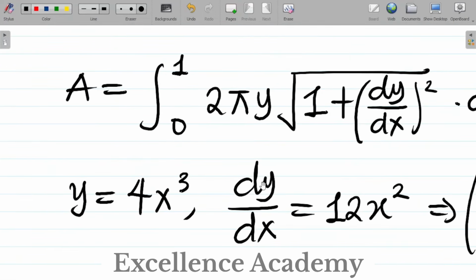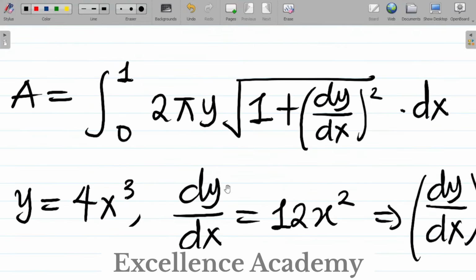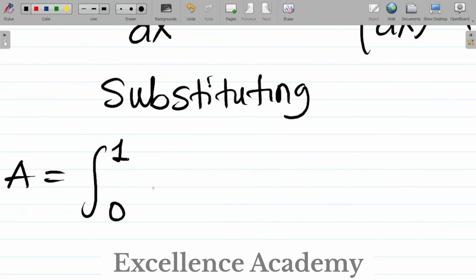If you substitute, you have that area A is equal to the integral from 0 to 1 of 2 pi y. That's 2 times pi times y. What's the value of y? We said y is 4x cubed as given in the question.